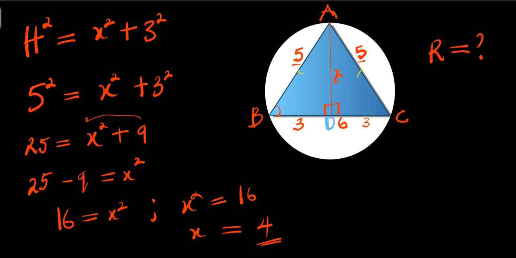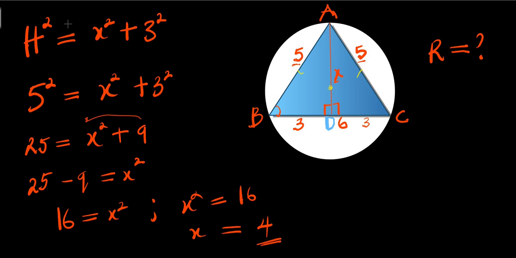Now, what next can we do? We can also decide to draw or extend this line here. Remember, this straight line AD passes through a particular point, which is point O, which I've made a dot, which is the center of the circle.